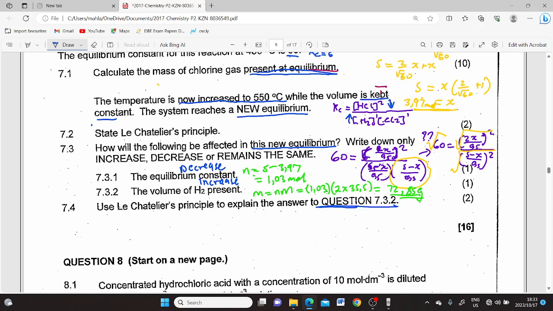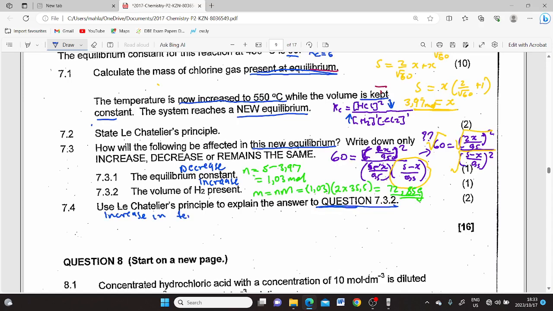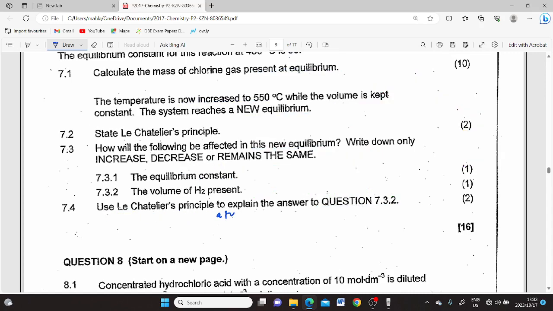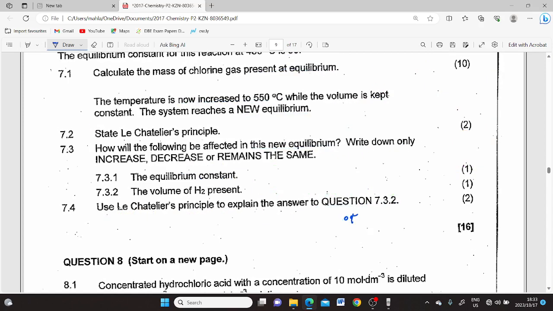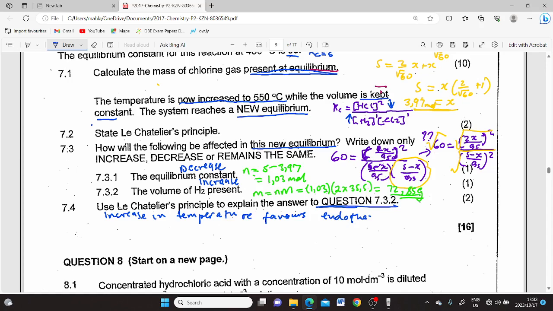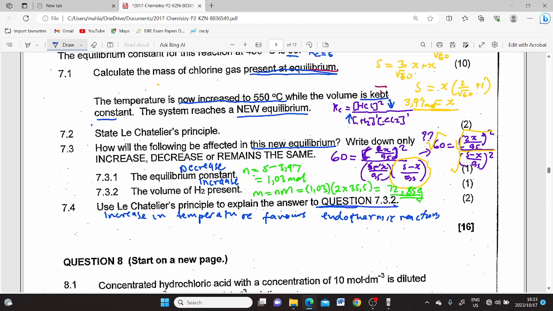Then according to Le Chatelier's principle, increase in temperature favors endothermic reaction. Now we get a tick for that.